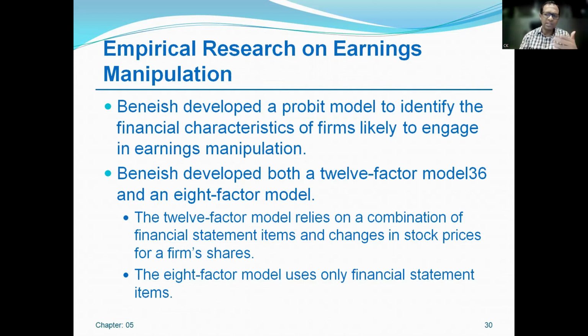When you apply these models, there are the 12-factor model, the 18-factor model, and so on. When you apply them, you can get an idea whether the organization has manipulated or not, because it doesn't make sense. Let me give you a very basic example to understand what these models do.